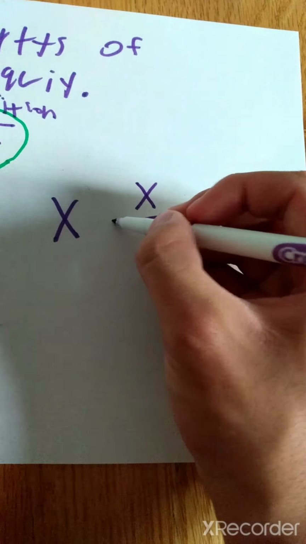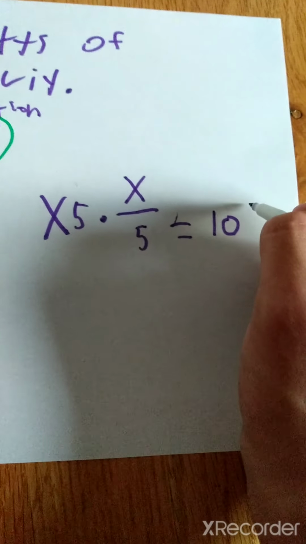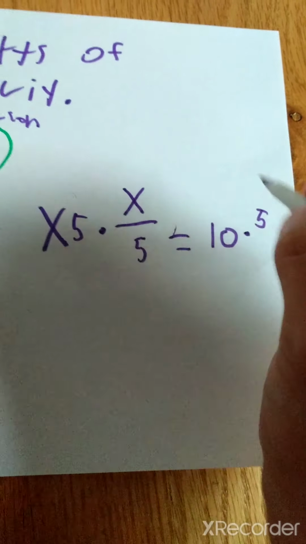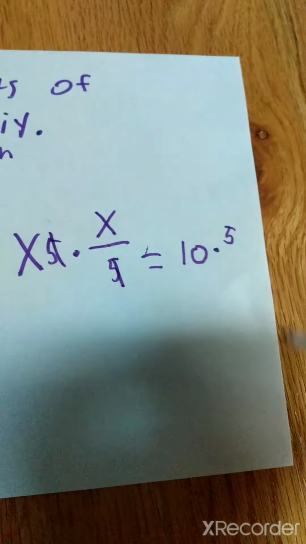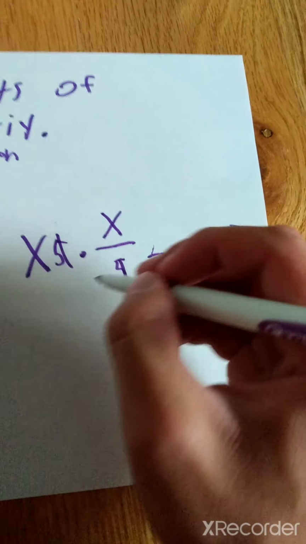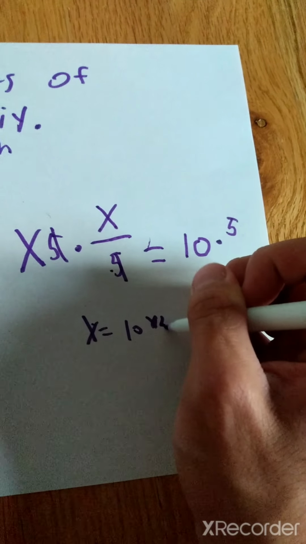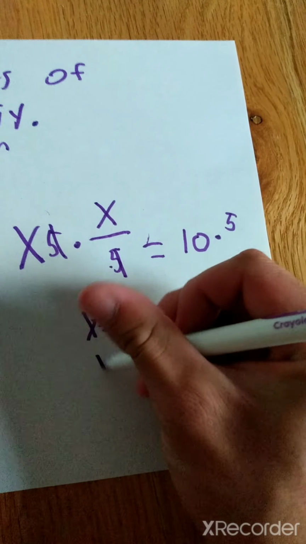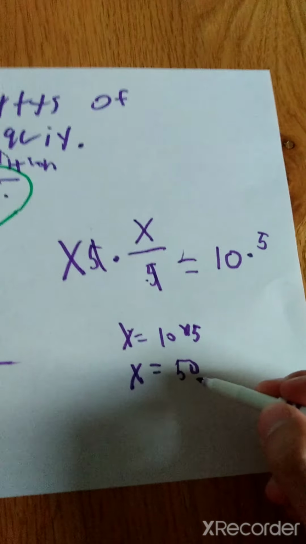So we have to multiply by our denominator, by 5, on both sides. Then when we do that, since we multiply by 5, we cancel them out. So we just have x equals 10 times 5. And 10 times 5 is 50. So for multiplication, x is going to equal 50.